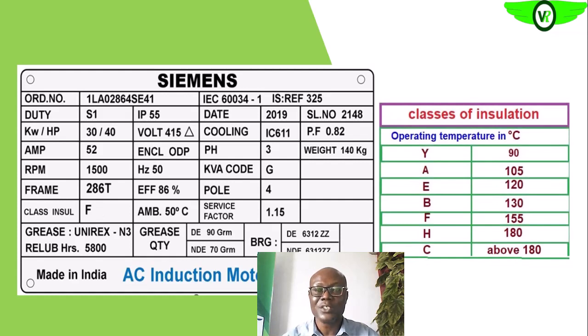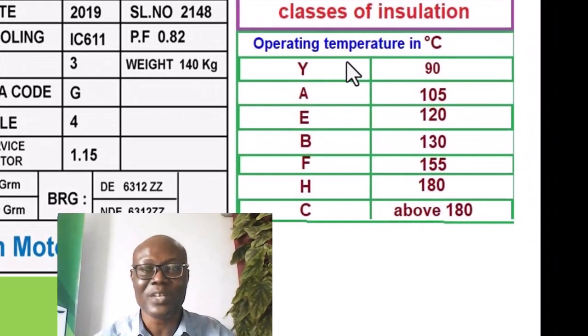Now, if you look to the right of your screen, you will see the temperature classification of different materials, or the labeling. Like here we have F. What does F stand for? If you look to the right, you will see that F is for 155 degrees Celsius.